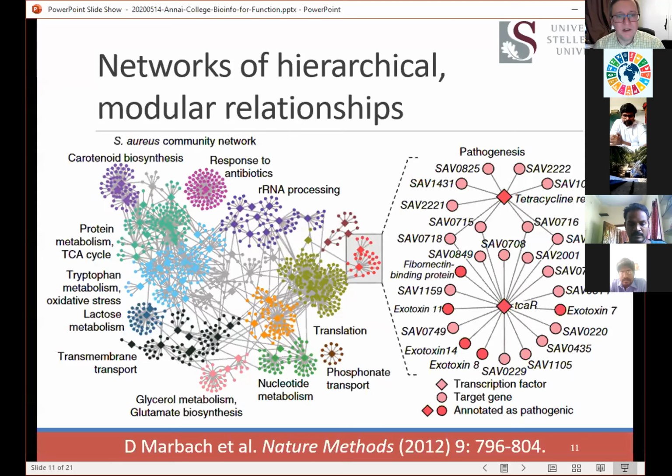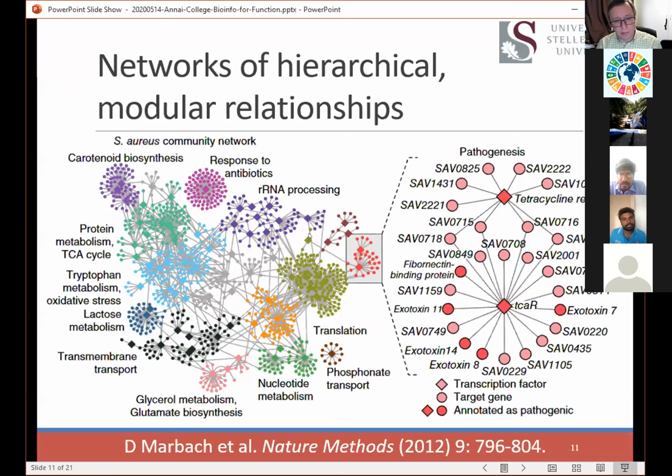Okay, but the topic that I'm giving here says that this is hierarchical and modular, which is to say that if you look at a small group of genes, you're going to see a modular relationship. These all relate to each other in a very powerful and closely linked way. But generally speaking, as you move to a higher and higher level, you see that, for example, all of these purple genes associated with tRNA processing are all grouped together.